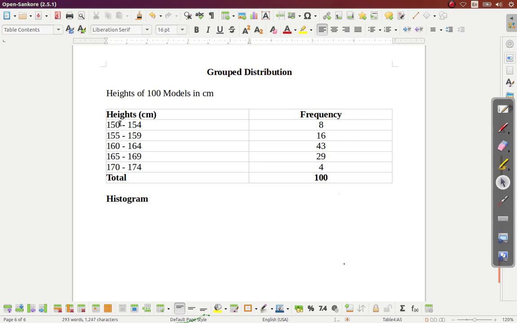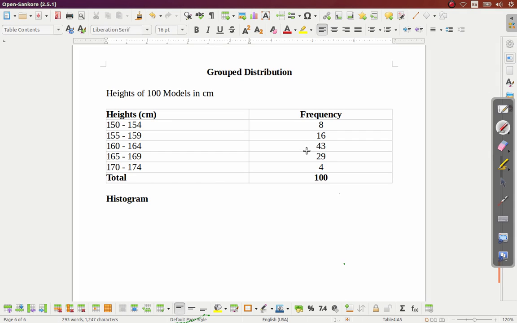This is 150. But the thing is, it could have included measurements as low as 149.5 going up, and you round up to 150. Alright?